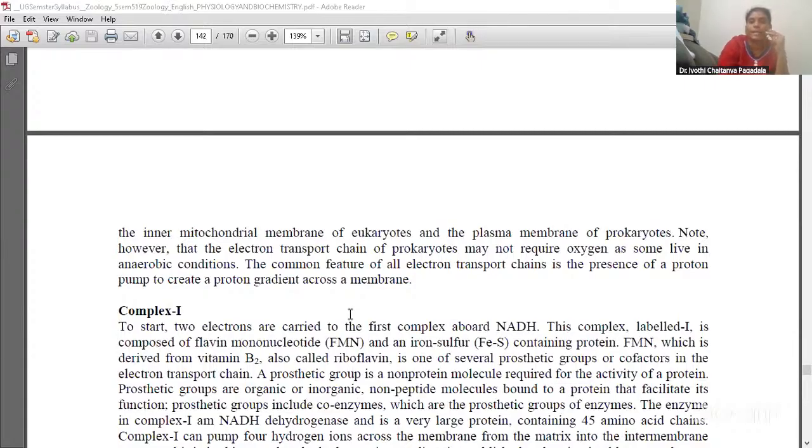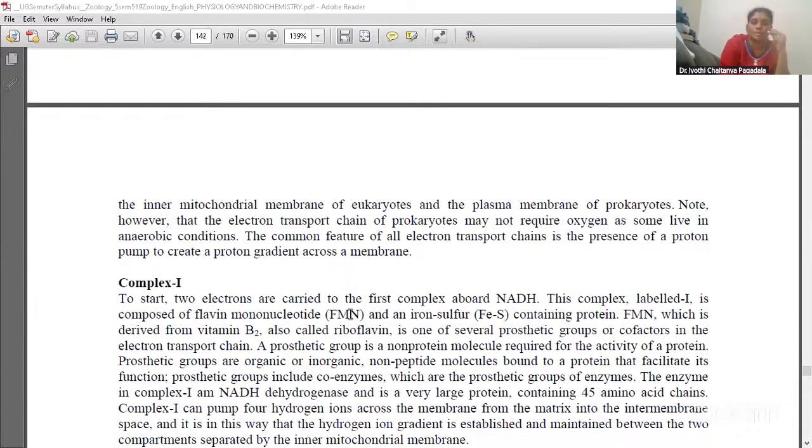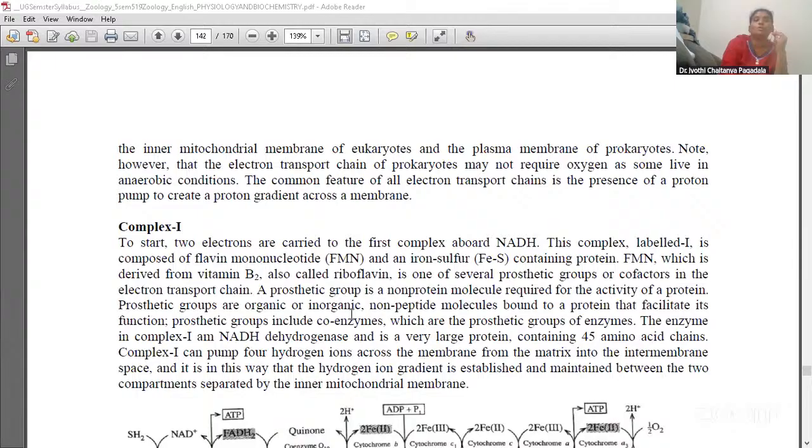In complex 1, NADH dehydrogenase, the name itself indicates that it acts as a dehydrogenase, and it is a very large protein containing 45 amino acid chains. Complex 1 can pump 4 hydrogen ions across the membrane from the matrix into the intermembrane space. In this way the hydrogen ion gradient is established and maintained between the two compartments.